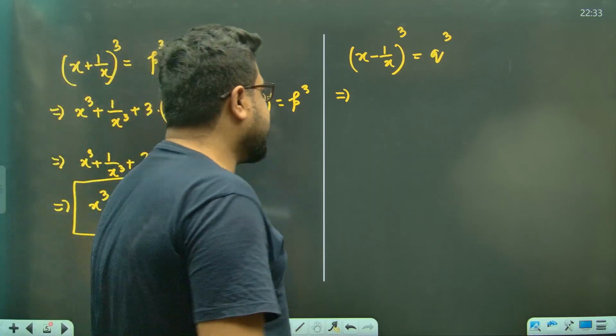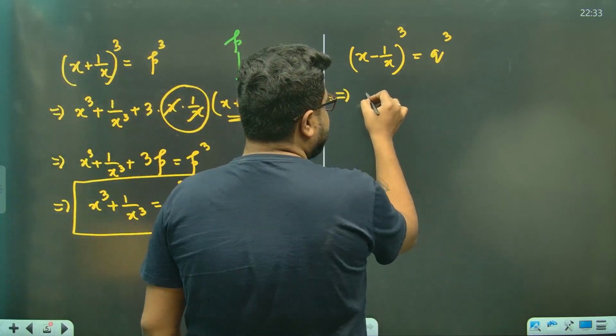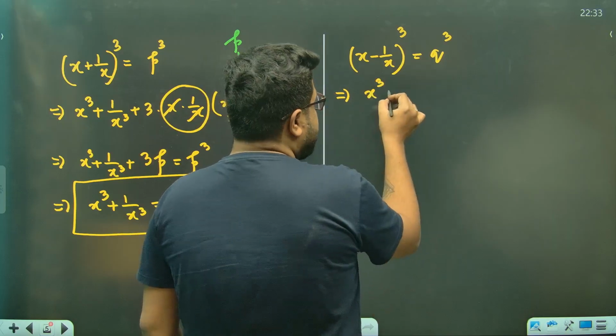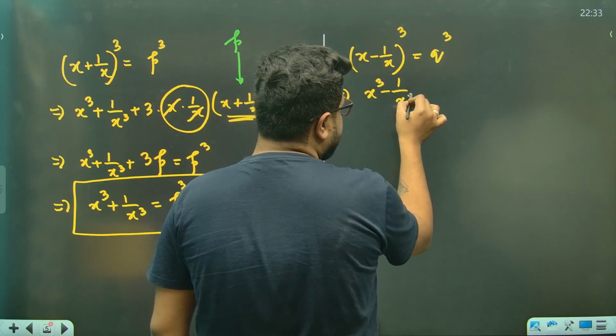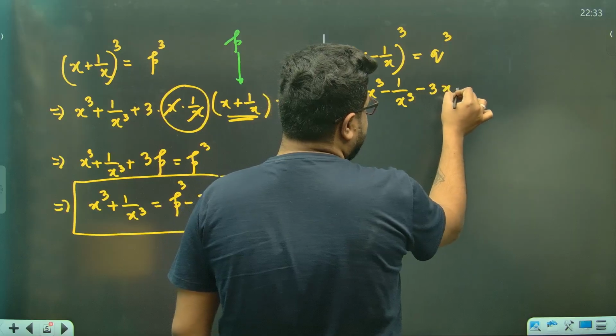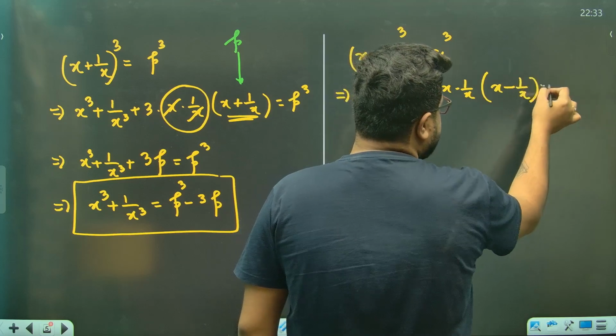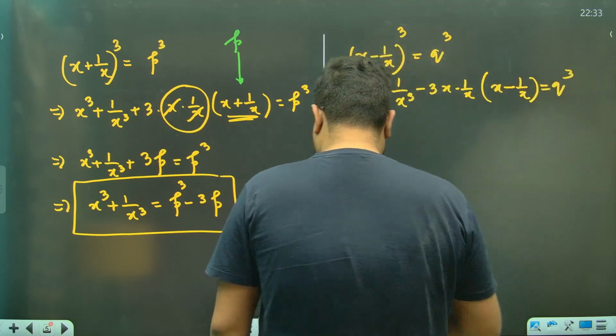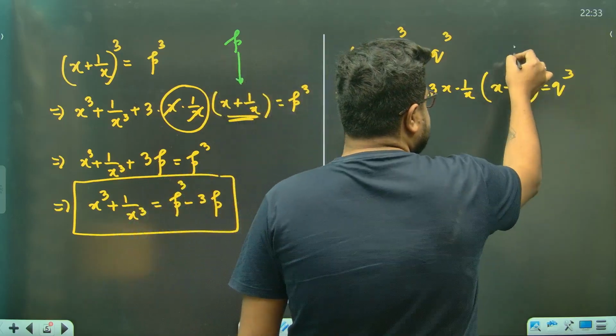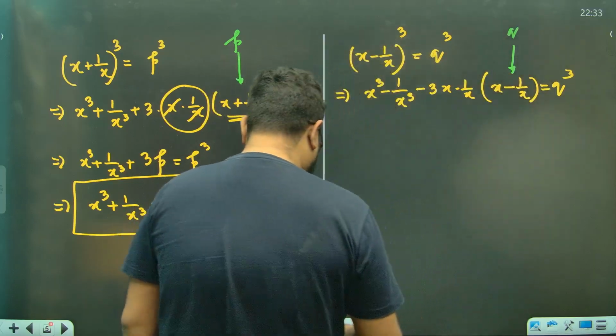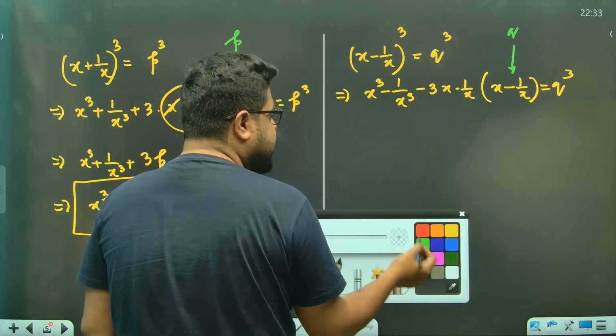So I feel it's better that you know this. So a cube minus b cube, minus 3ab into a minus b, this is equal to q cube. And again, you will say, sir, don't worry, this was equal to q. This is where we had started. This is where we had started from.